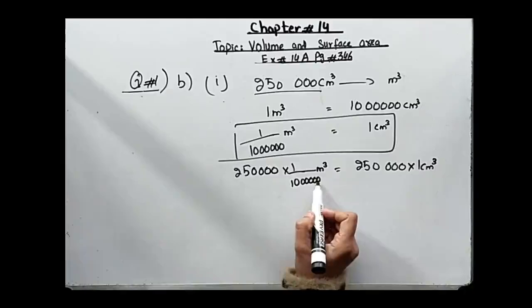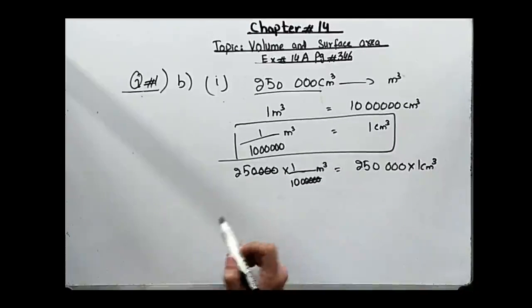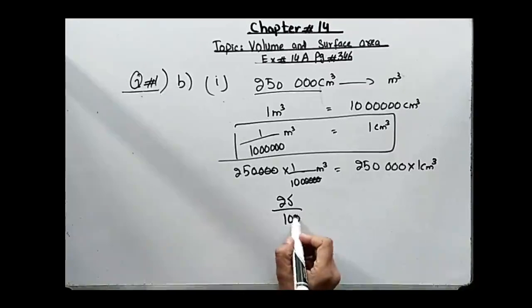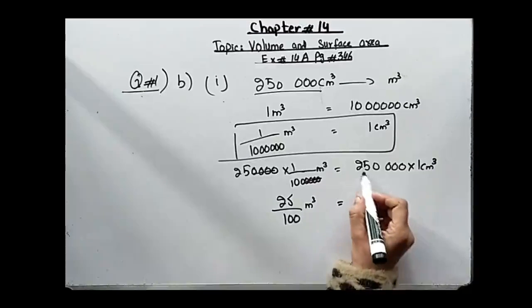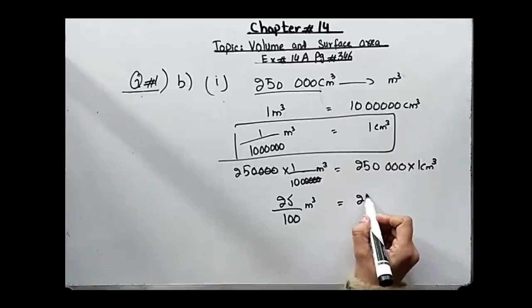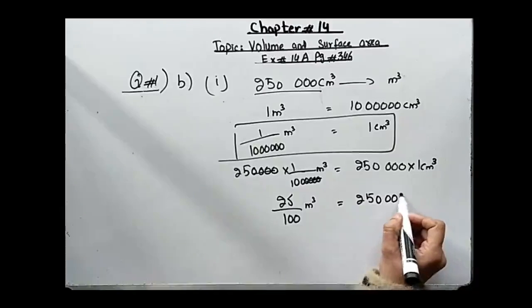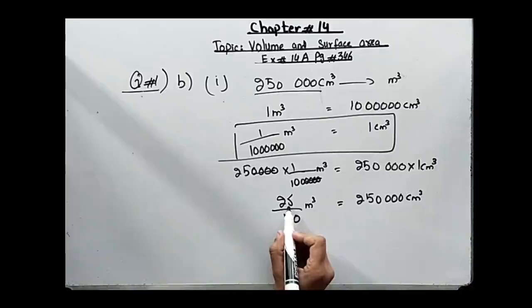Then how many zeros are there? 1, 2, 3, 4. It means 4 zeros will cancel with the 4 zeros in the denominator. Just 25 by 100 will be left here. As we know, when a number is divided by 10, 100 or 1000, first we count the number of zeros in the denominator.